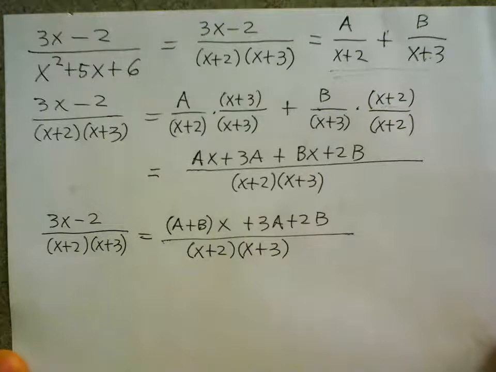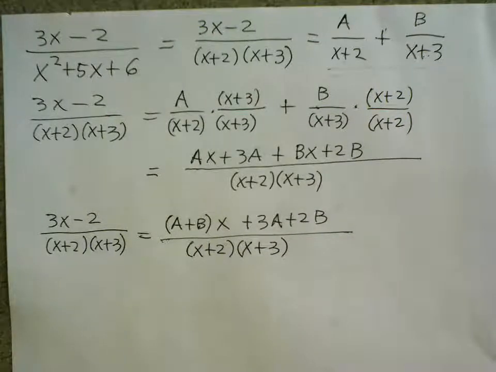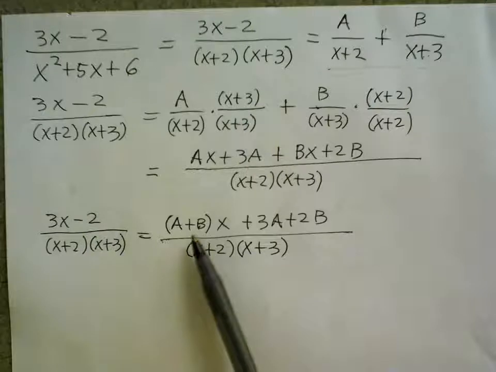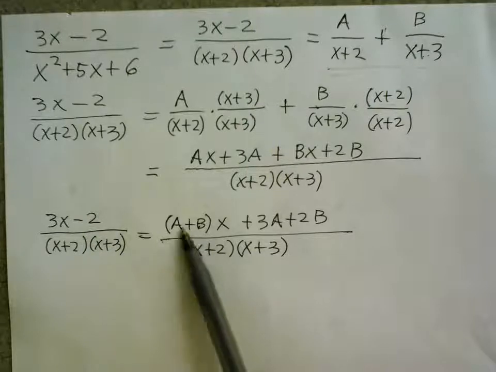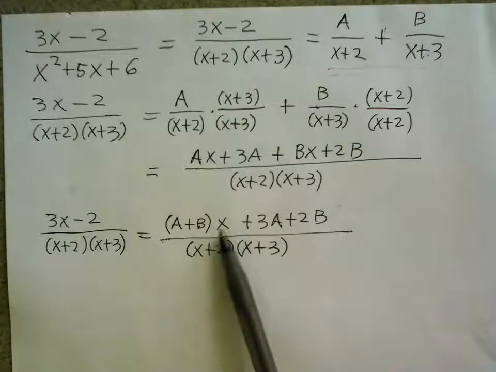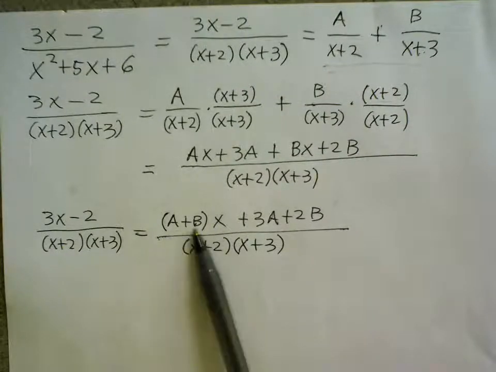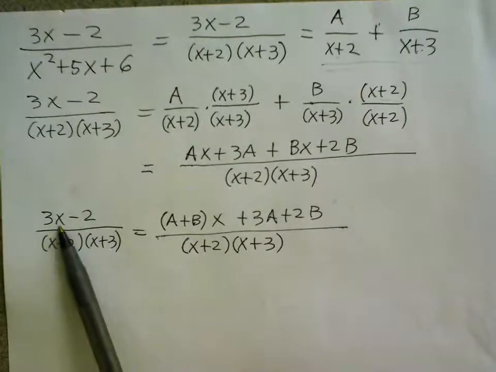Okay, the goal is to determine the values of a and b. So what do you suppose we do next? Well, this numerator 3x minus 2 has to be equivalent to this numerator. The coefficient of x on the right is a plus b. So that coefficient a plus b must be equal to the coefficient of x on the left.